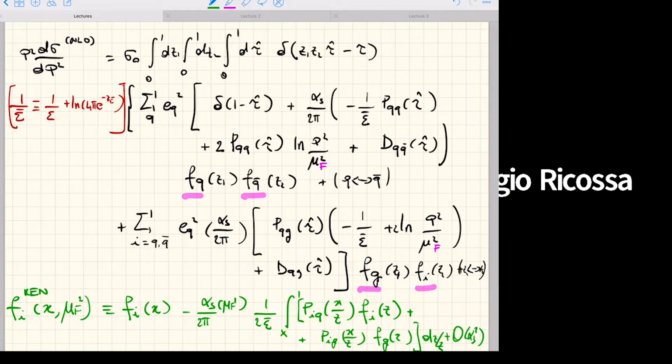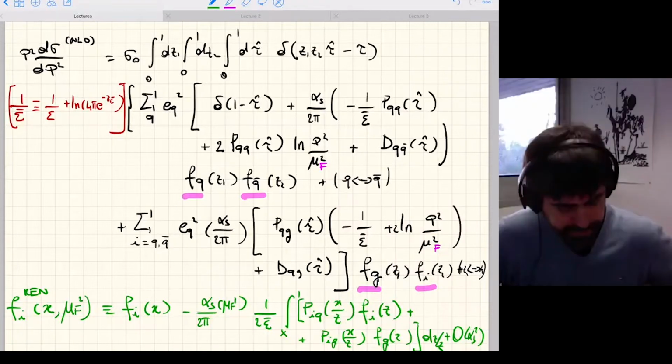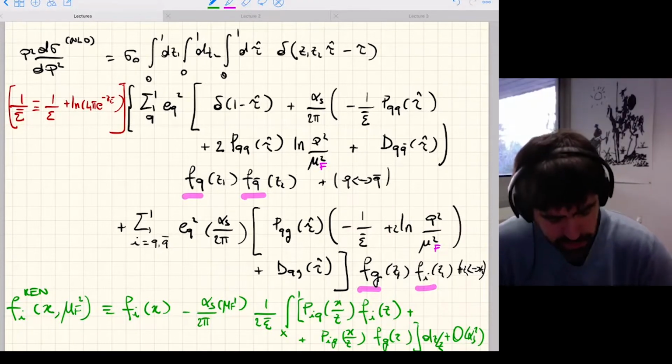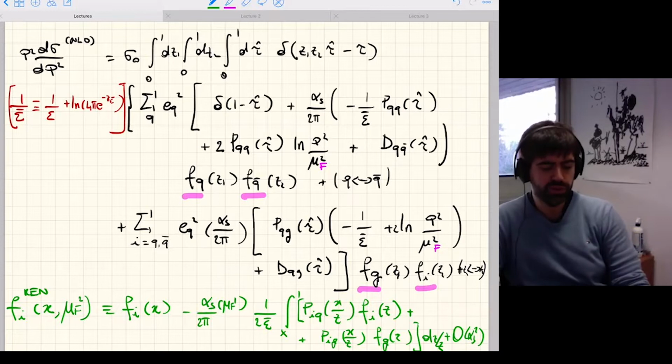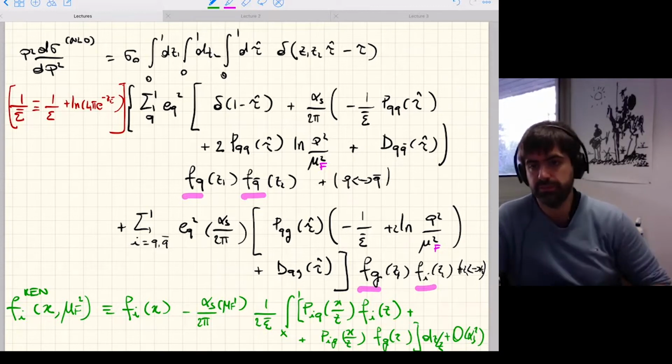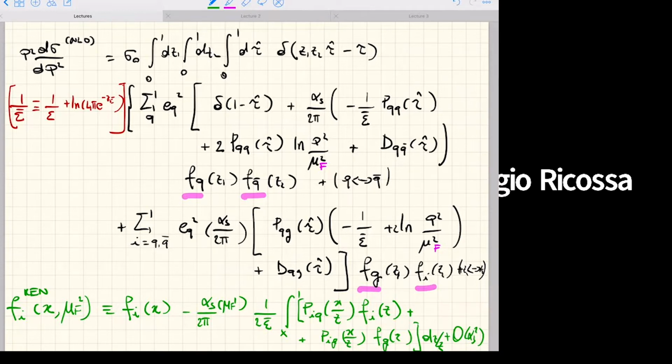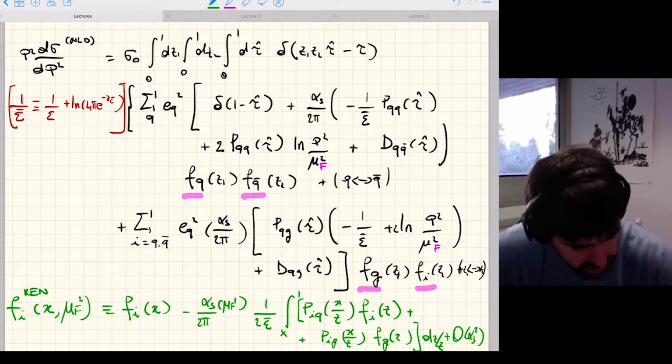Sorry, I have a quick question. Absolutely, go on. Just in red in the logarithm, I can't read what you wrote. Oh, mu F, I call it. Before it was just written as mu, but really this is mu F, the factorization scale. I mean in red, 1 over epsilon bar, sorry.